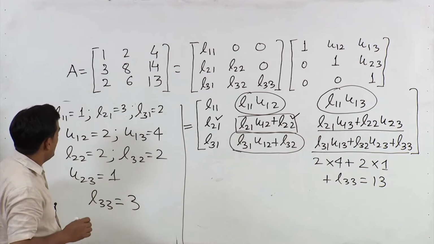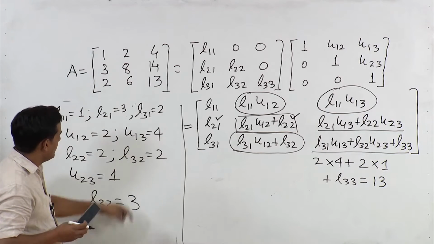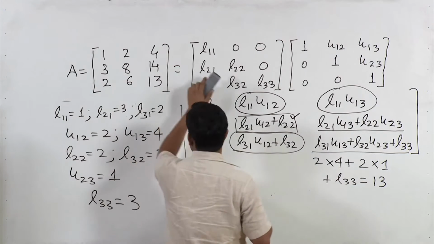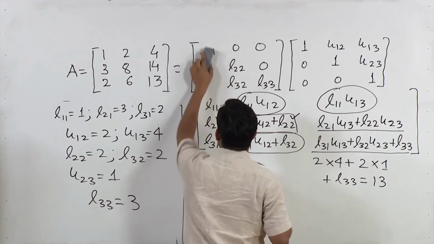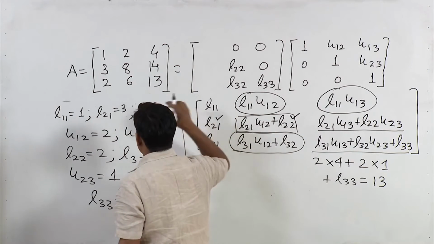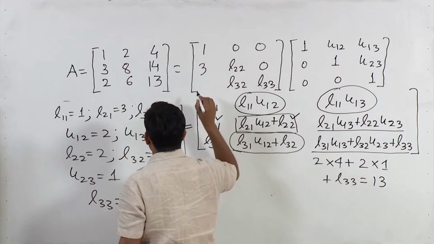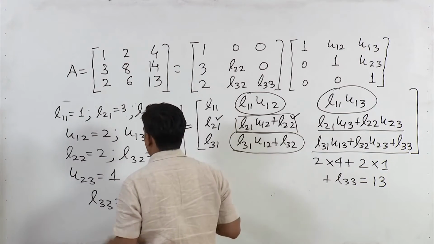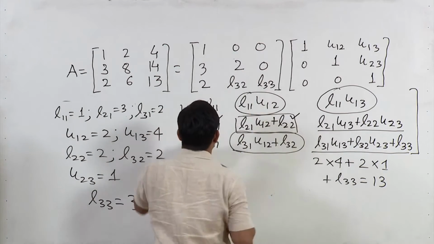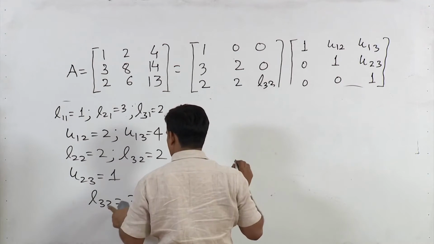So in this way I calculated all the 9 entries. So now if I write these 9 entries, the LU decomposition of this matrix will be: 1, 3, 2, then L22 is 2, L32 is 2, L33 is 3.